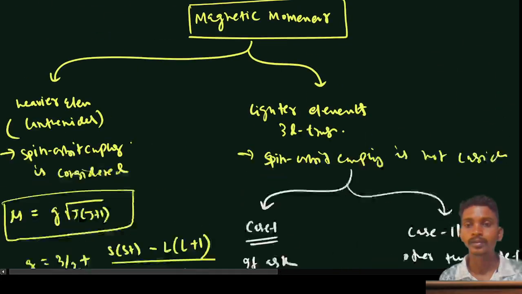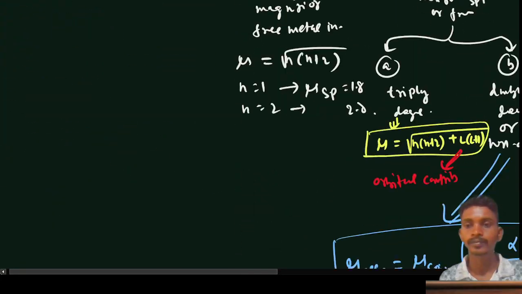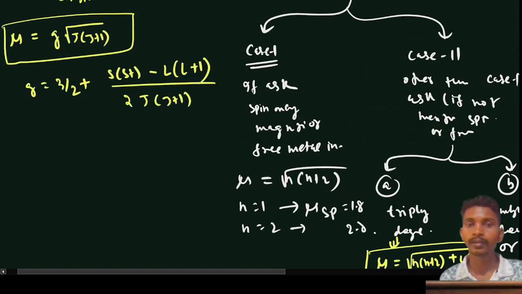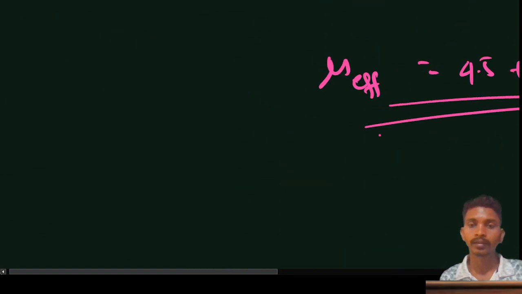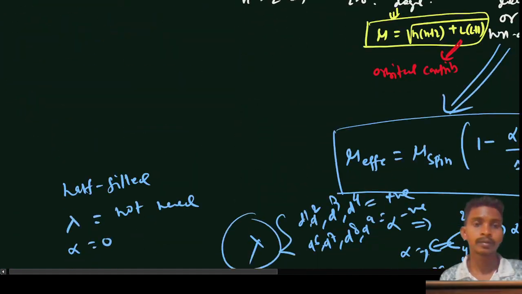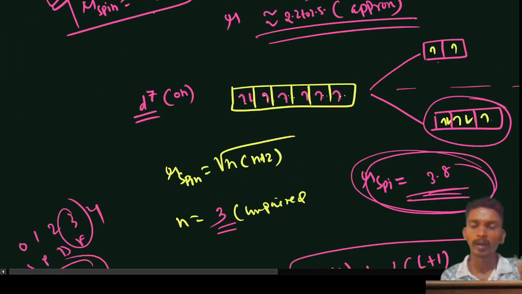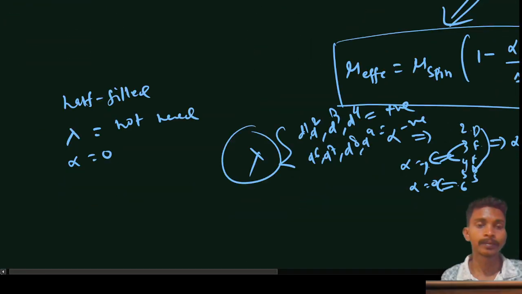If D comes then 2, if F comes then 4, if S comes then 0.